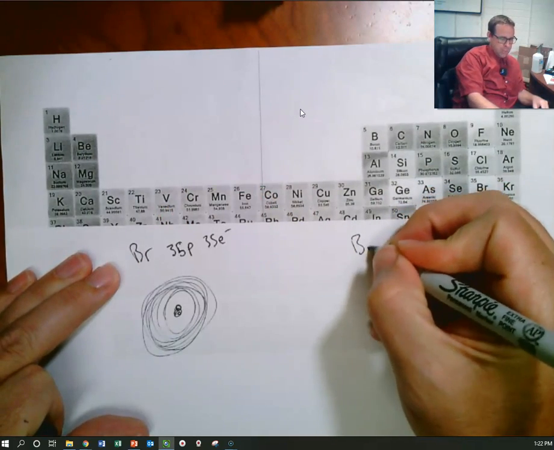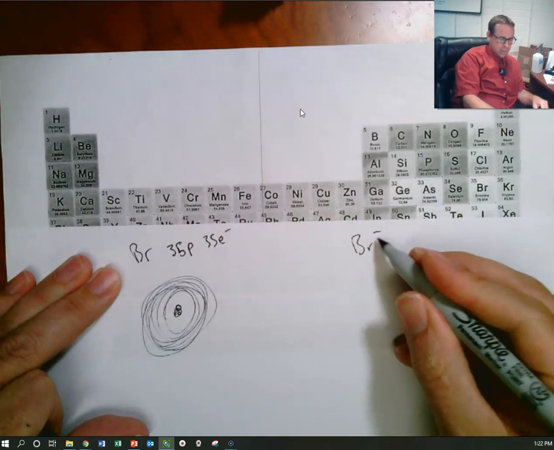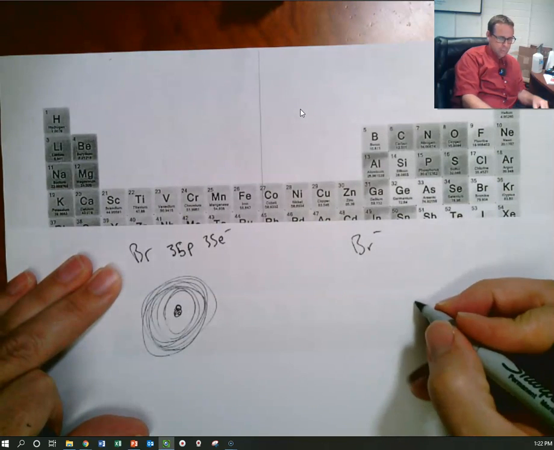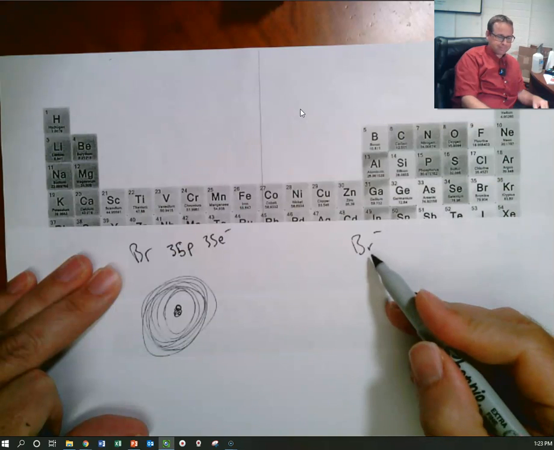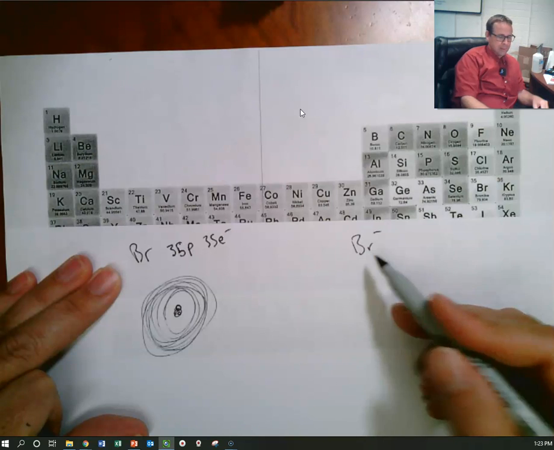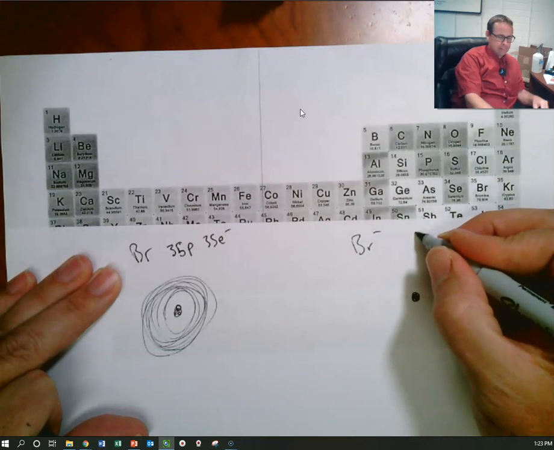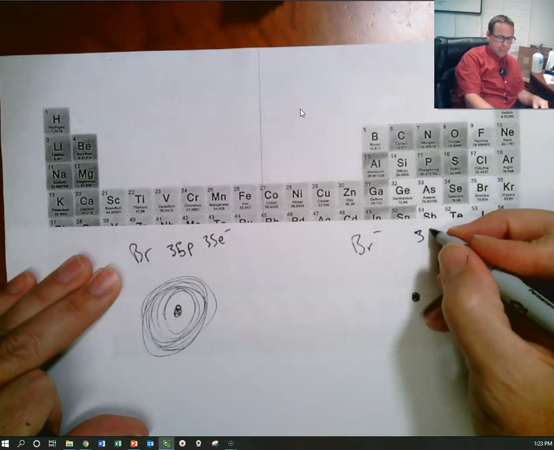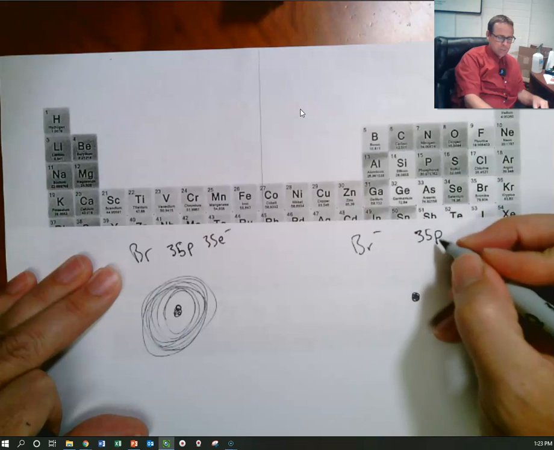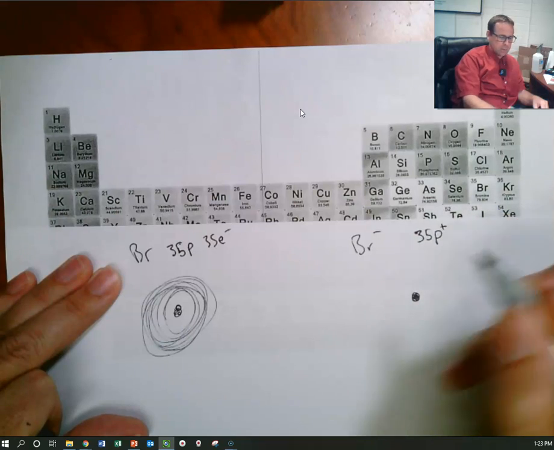Now, bromine that has an extra electron, because that's the ion that it likes to form. How many protons? Sorry, 35. Maybe I didn't say that right. 35 protons, that's right.